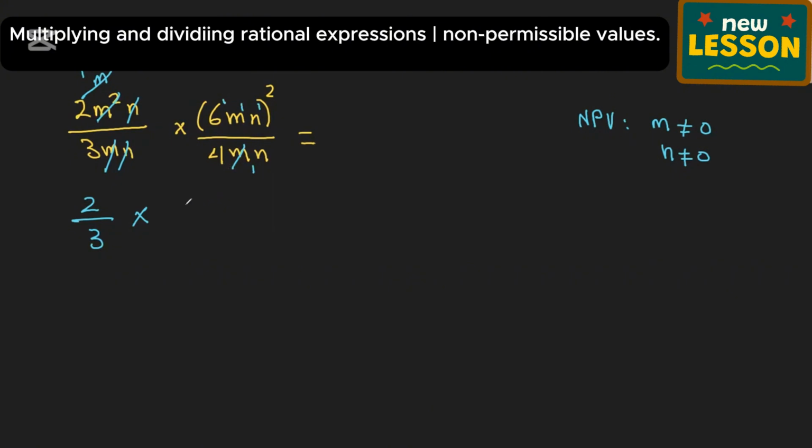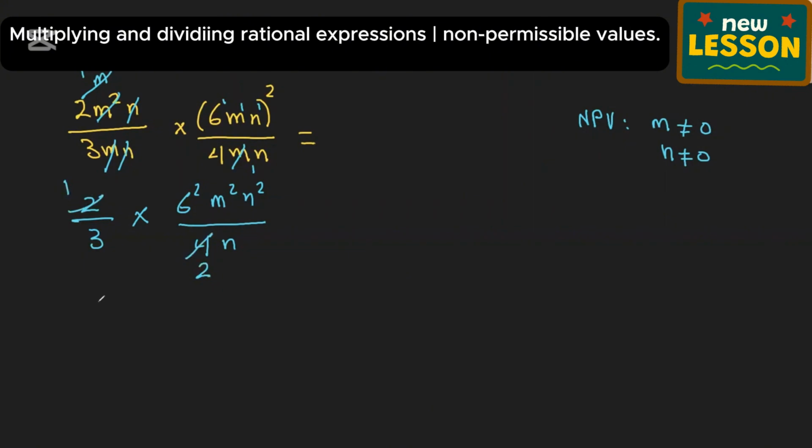Okay, so therefore this becomes 6 squared, M squared, N squared, all over 4N. And you know what? I forgot to reduce the 2 with the 4 here, but we could do that now. 2 goes into itself once, it goes into 4 twice.